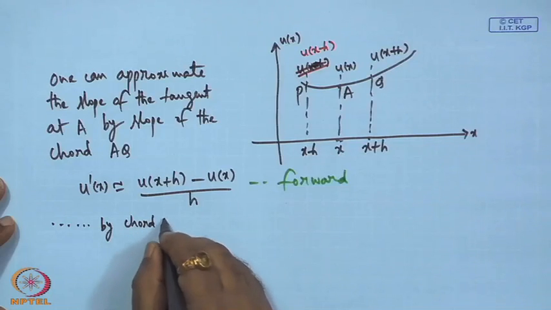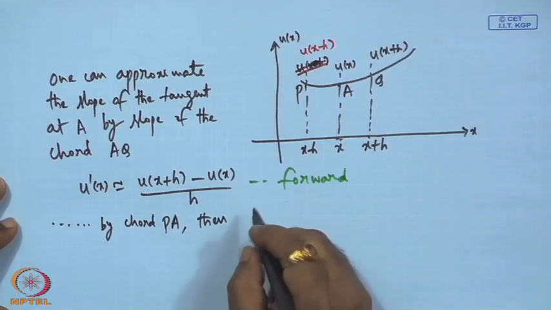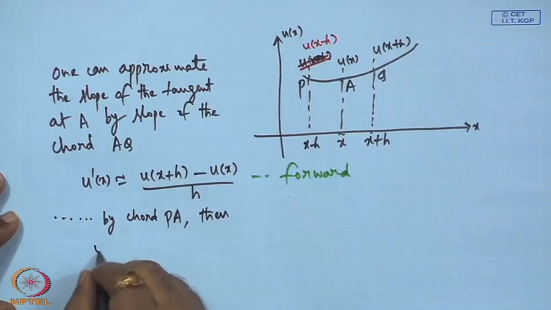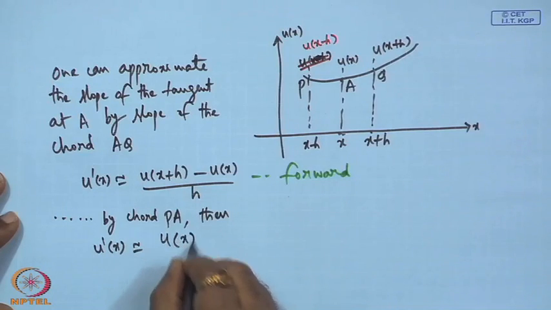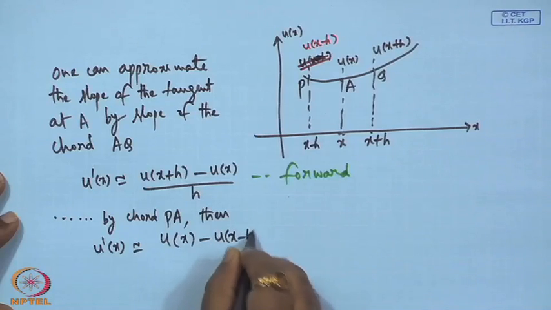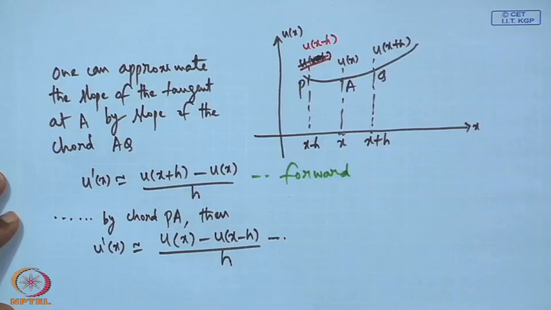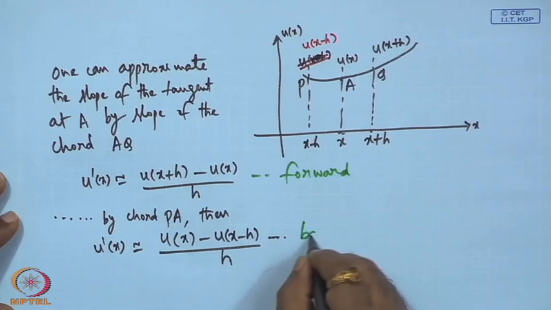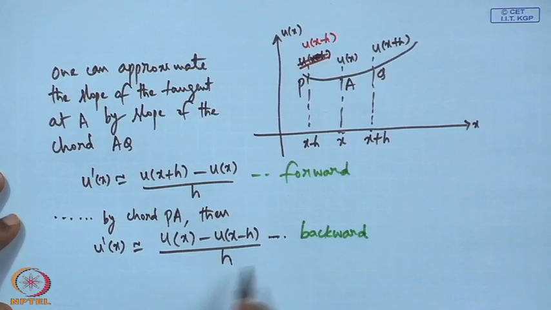Okay. Similarly, if you approximate by the chord PA, then we have u of x minus u of x minus h by h, so this is backward. Okay. So, this is the general technique of approximation.